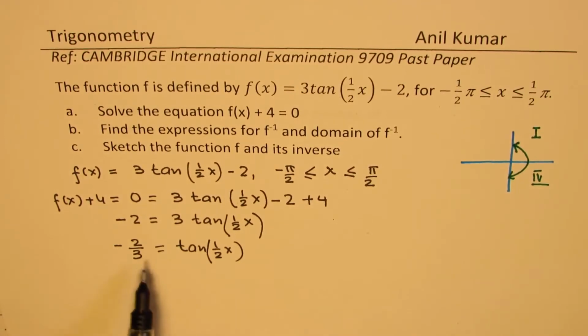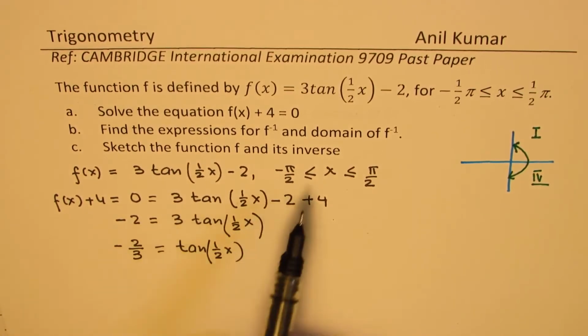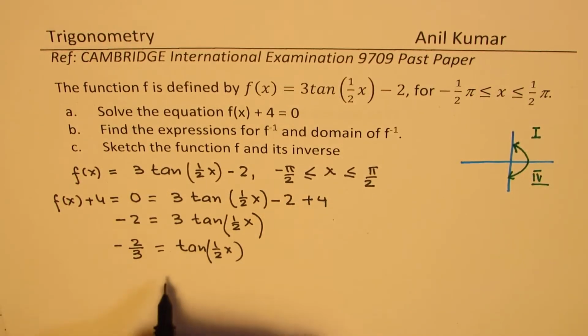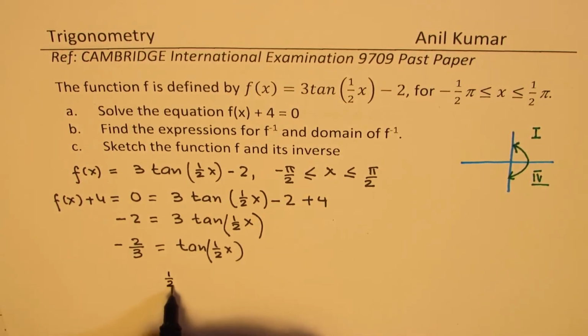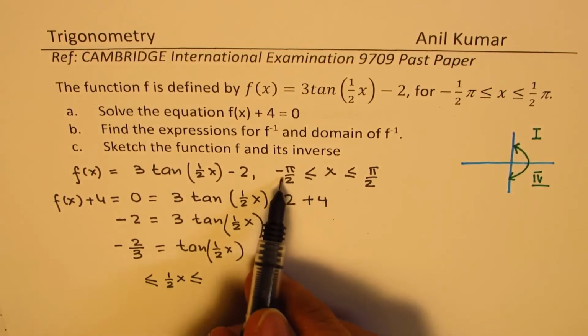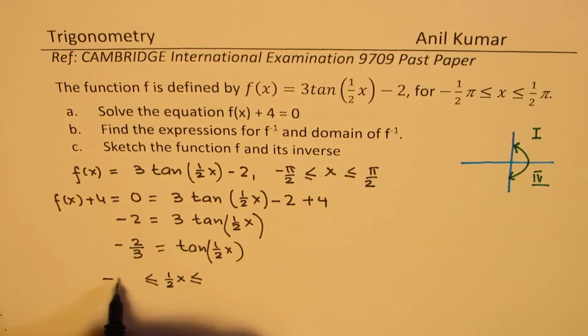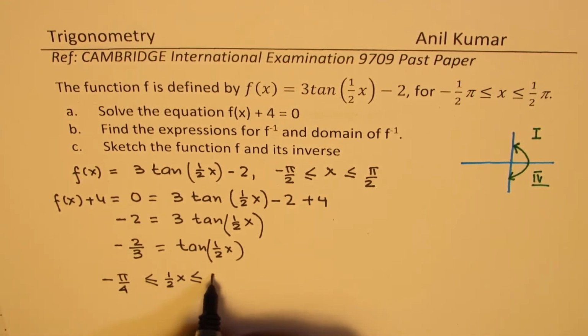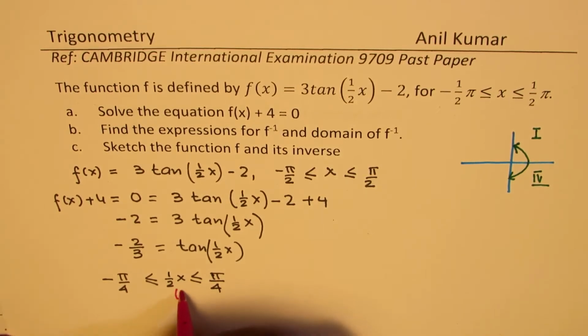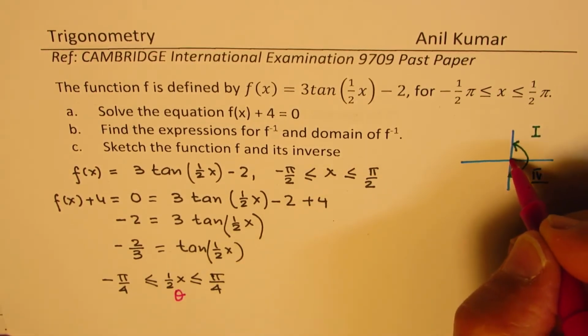It is important to understand that we are given this domain for x, but here we have half x. So half of x should be within which interval? We multiply both by half, so we have minus pi by 4 to plus pi by 4. We are looking for a solution for half x, which let's call theta, within this interval.